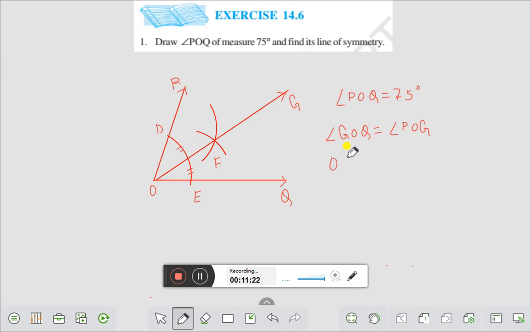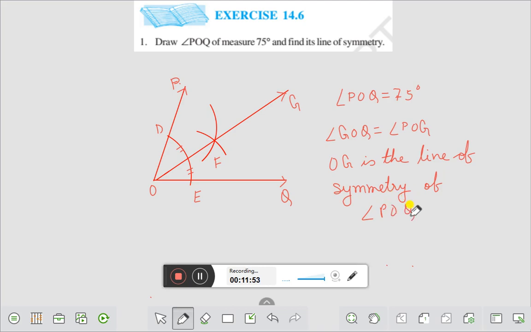OG is the line of symmetry of angle POQ.